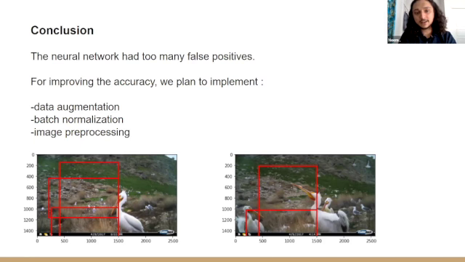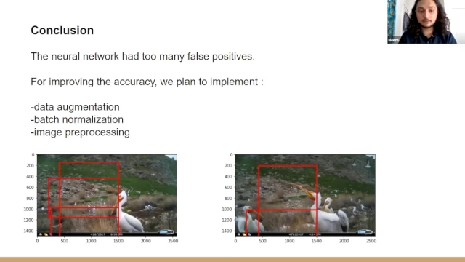For improving the accuracy, we plan to do different things. Among them, the first is labeling, of course, and then the other is data augmentation. That means we're going to take the data we already have and augment, change it, like rotate it or resize it, and then use that.